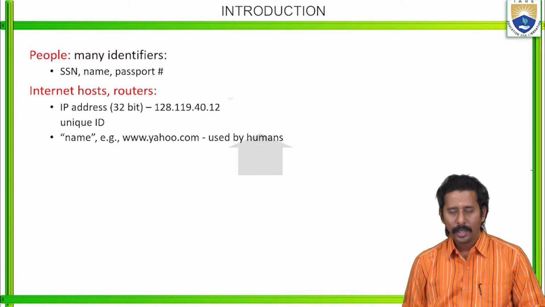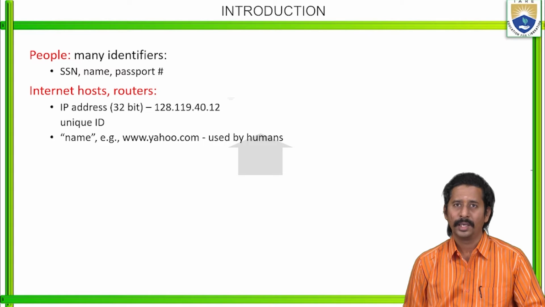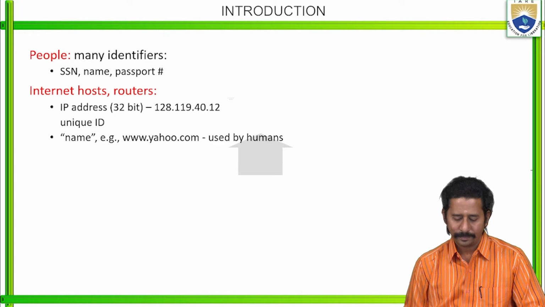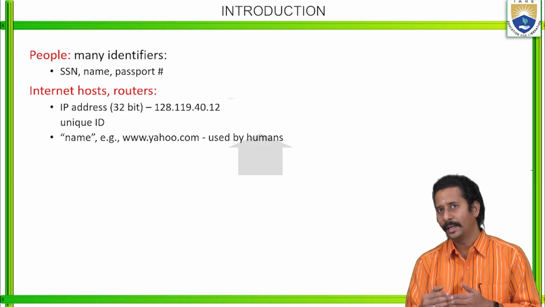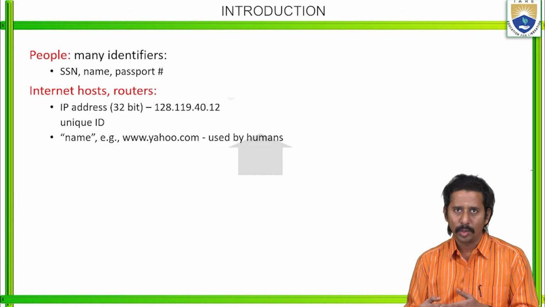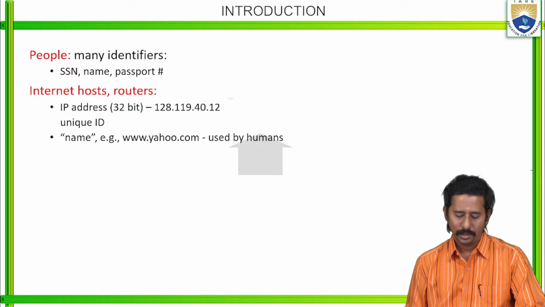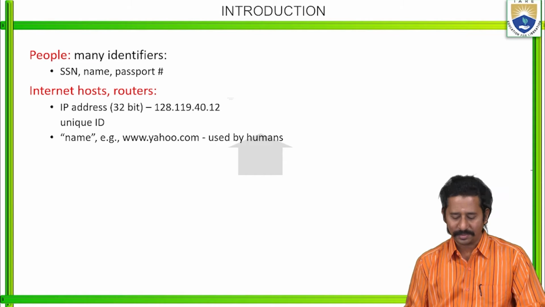So if you type any web address in your web browser, DNS will automatically resolve the name to a number, because systems know only numbers.